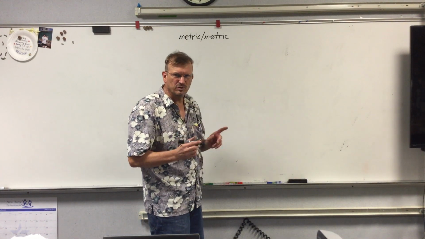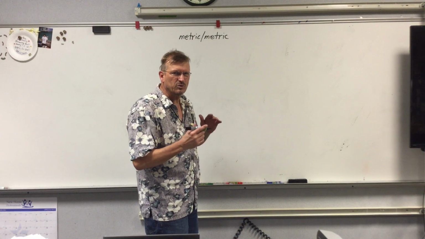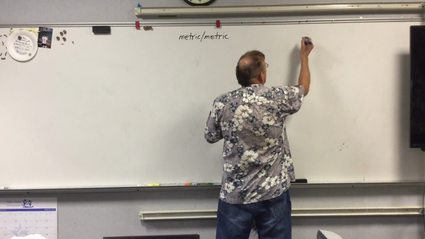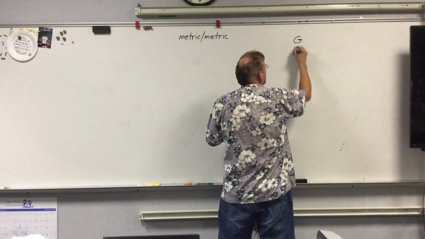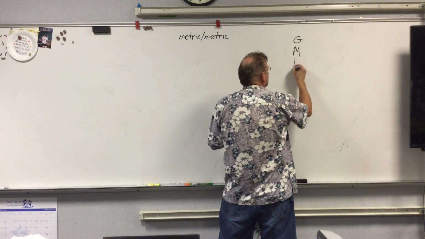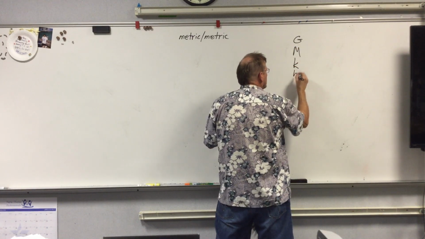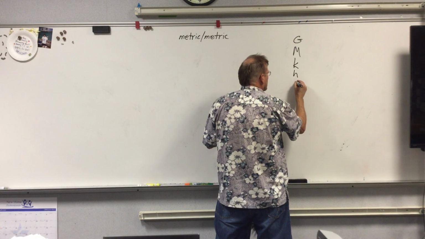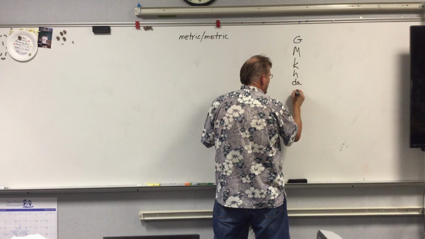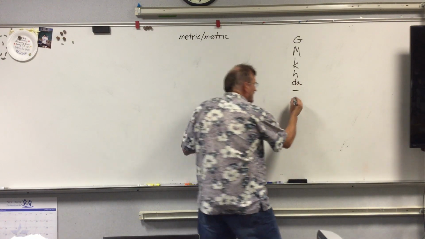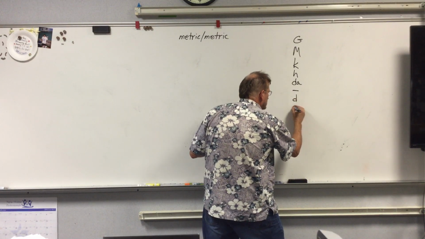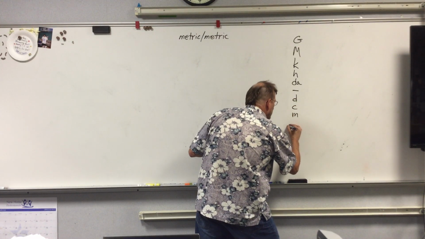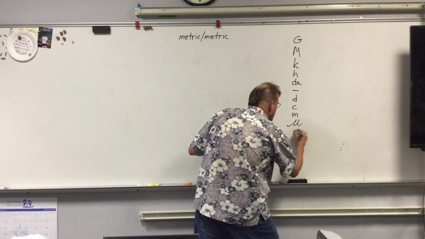Now, in order to do this, there is one thing you have to do with your metric prefixes. I look at my metric prefixes kind of like a chain of letters like this, and then I have nothing here for base, and then we have deci, centi, milli, micro, and nano.